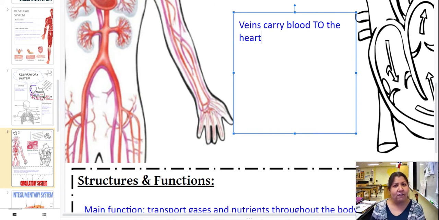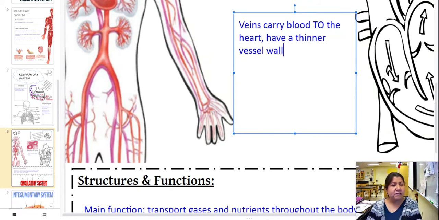Veins actually don't have a very high blood pressure, because if we're thinking about our veins, they're coming back to the heart. They didn't just leave the heart. So there's not much pressure for them to travel all the way back to the heart. It's going to just naturally go that way anyway. So veins carry blood to the heart and have a thinner vessel wall because of that lower blood pressure.